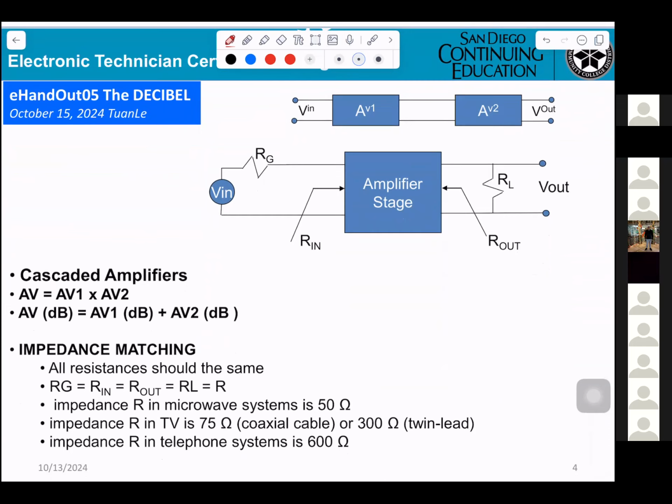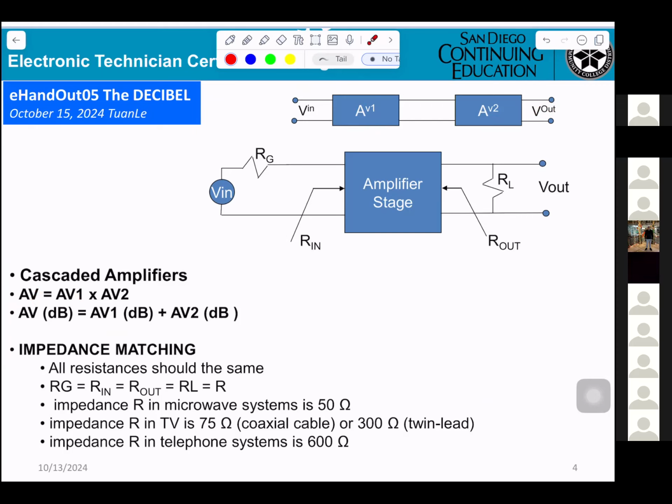Cascaded amplifier. You get the first amplifier, gain AV1, and the second amplifier, gain AV2. Input V in, output V out. If you want to calculate the total gain, then AV total gain equals AV1 times AV2.